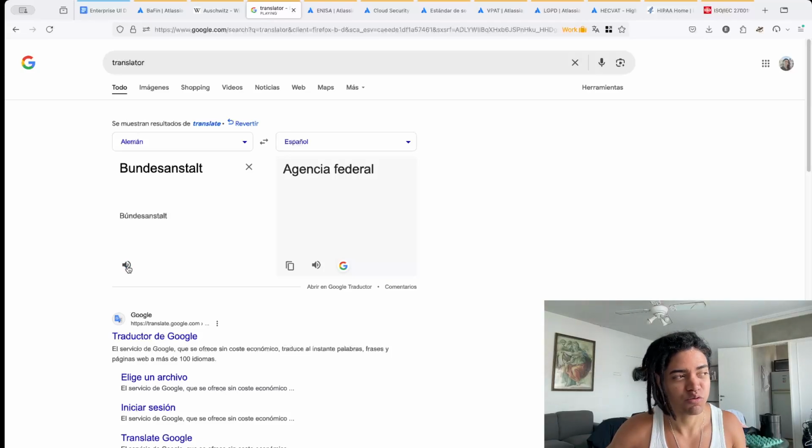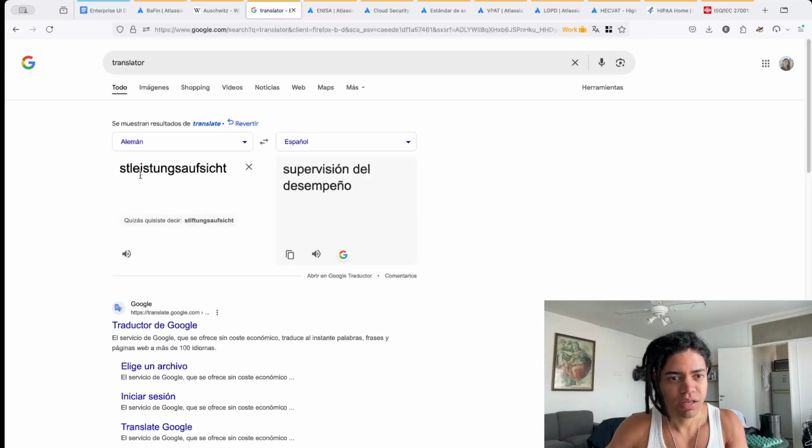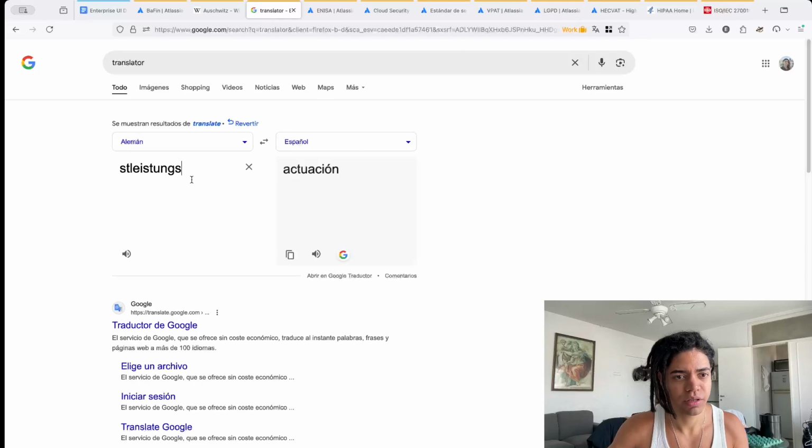Oof, when you look at this kind of words like Bundesanstalt für Finanzdienstleistung, you know?